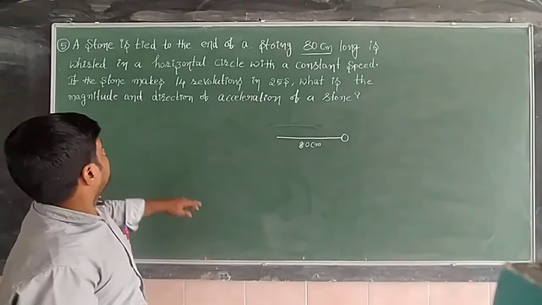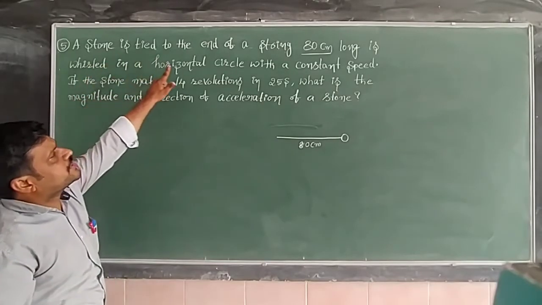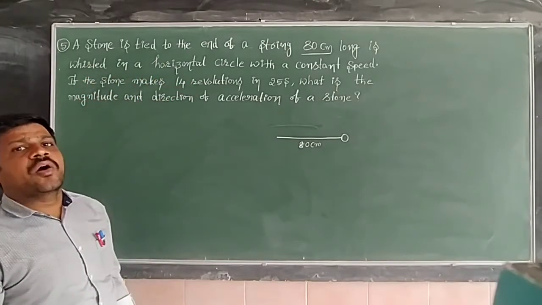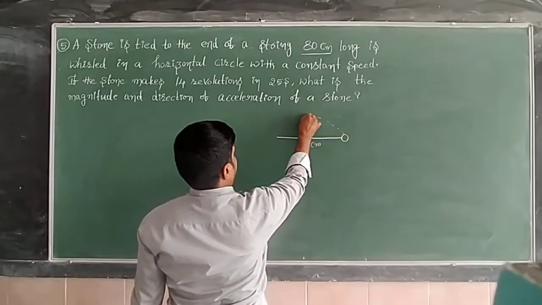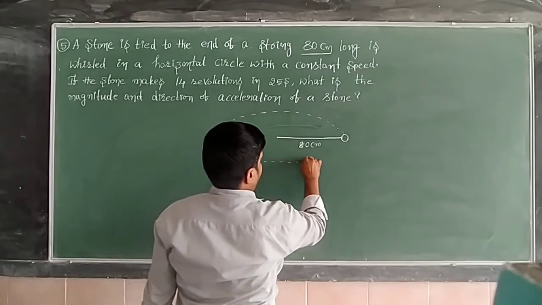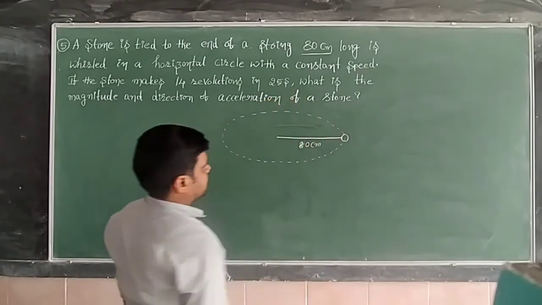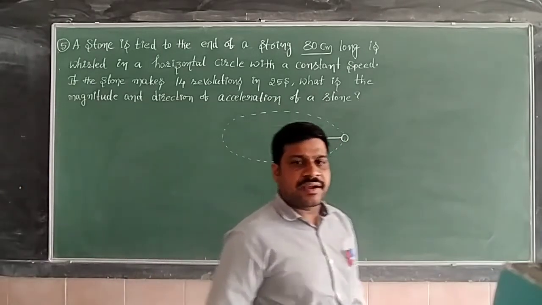Thereafter, it is whirled in a horizontal circle with constant speed. Horizontal circle means the circle is like this, and the stone is whirling in this horizontal circle.